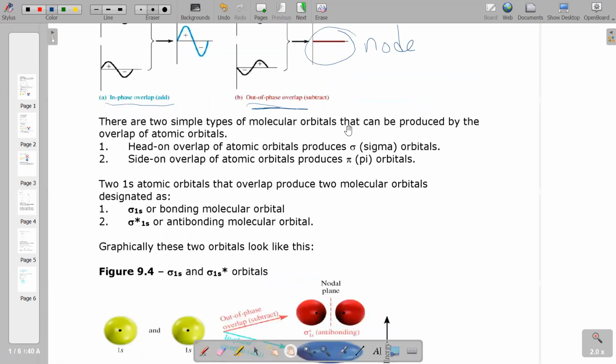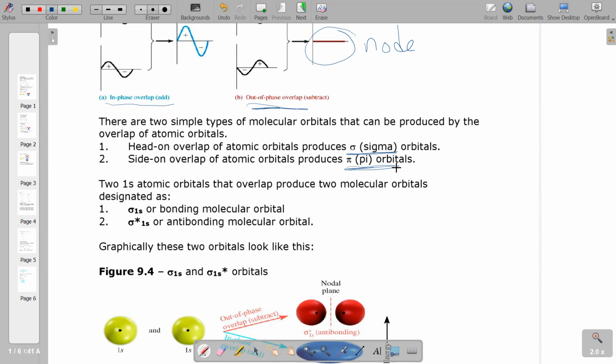There are some simple types of overlap that we'll talk about. Head-to-head overlap produces sigma orbitals, which are your sigma bonds. And side-to-side overlap of atomic orbitals produces pi bonds. Those are going to be present in double and triple bonds.